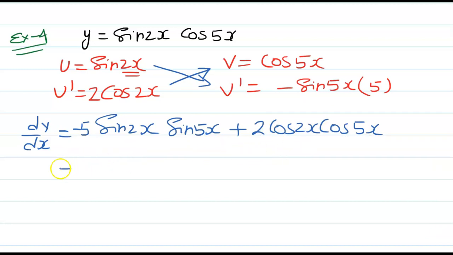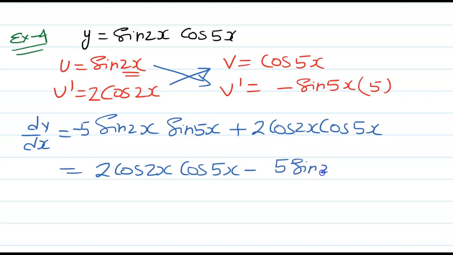If you want, you can rearrange it and write this term first: 2 cos 2x cos 5x minus 5 sine 2x sine 5x. I hope you have understood the concept here, because there are so many questions where we need to apply chain rule. If you don't know how to apply the chain rule, you must see my previous video and learn chain rule and then apply chain rule in product rule. Okay, let's go for another question now.